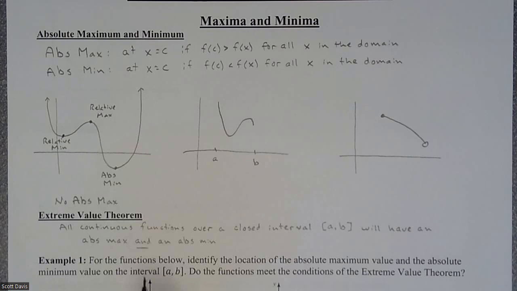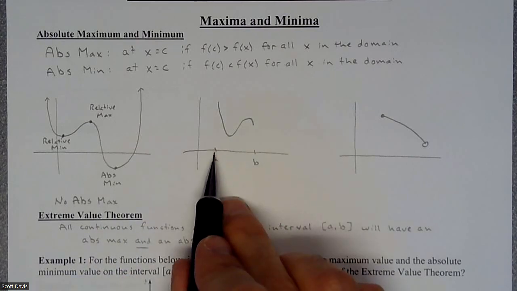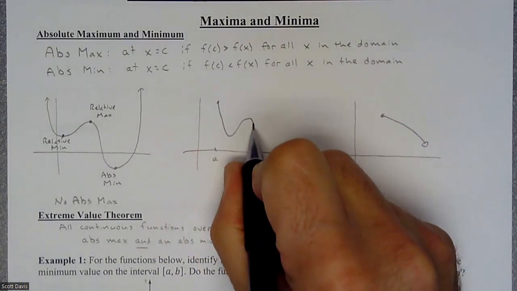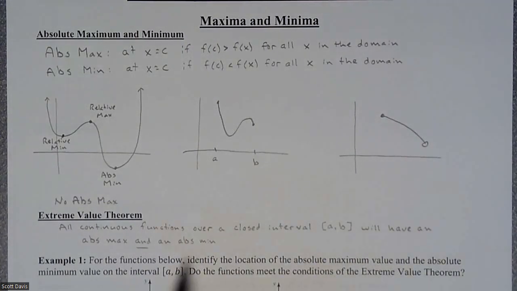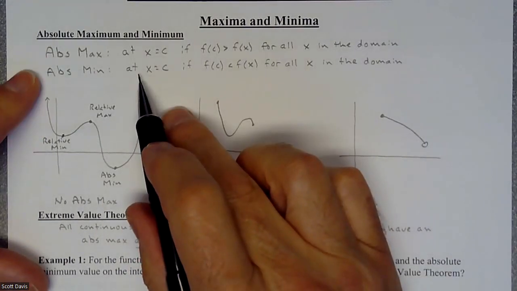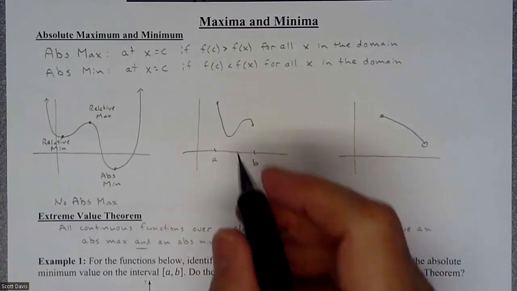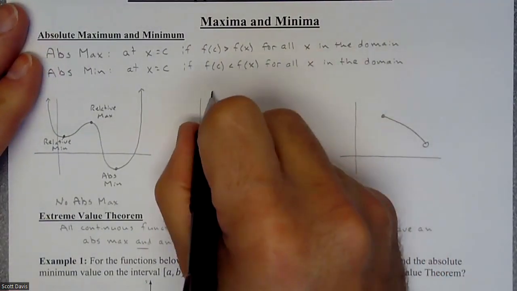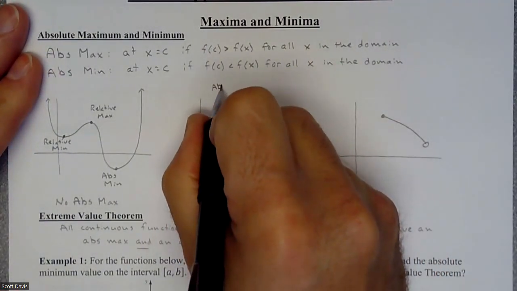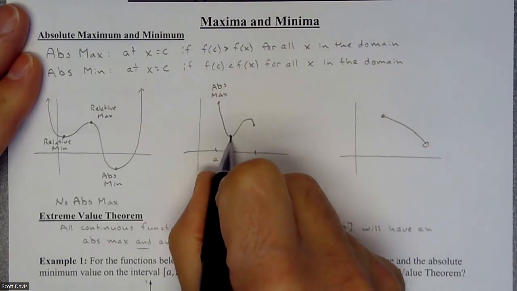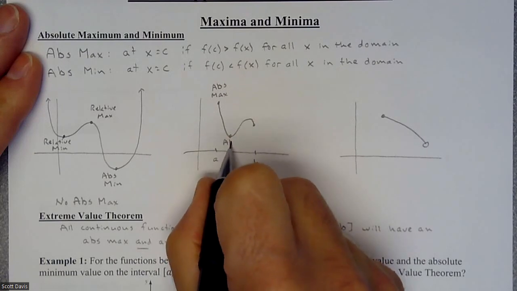It says for all continuous functions, keyword continuous functions, over a closed interval from a to b, so we have this point to this point, every single one of them will have an absolute maximum and an absolute minimum. Because the graph doesn't go up forever. It has a high point and a low point. And your absolute maximums can be the endpoints. So that's your absolute max, and this is your absolute min.